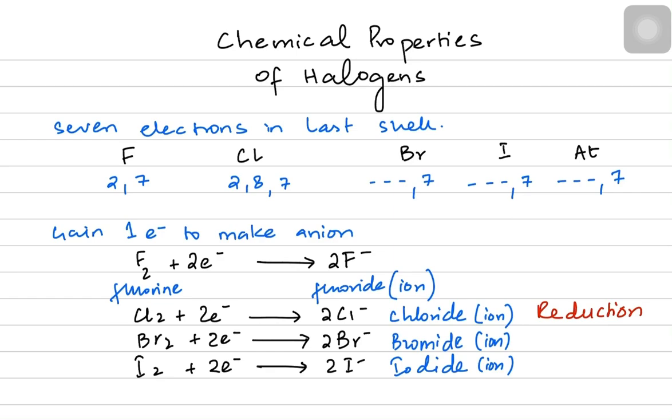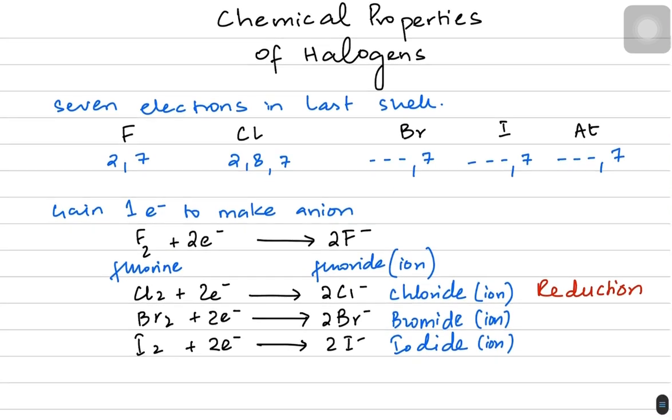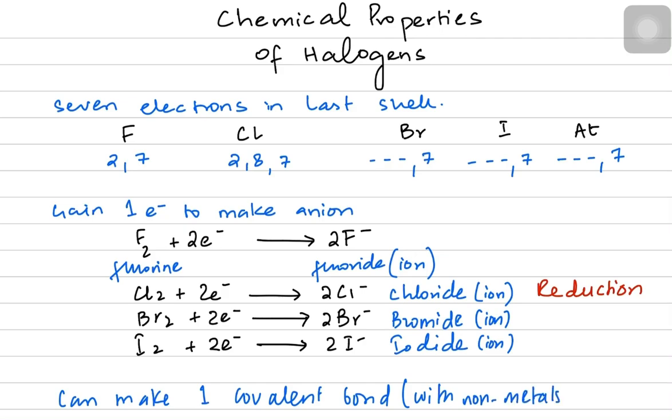They can make one covalent bond if they are reacting with nonmetals. Remember, nonmetals will never lose electrons, so they never make cations. So with nonmetals, they make covalent bonds where they share one electron. Going to their chemical bonding, they can perform ionic bonding with metals and covalent bonding with nonmetals.